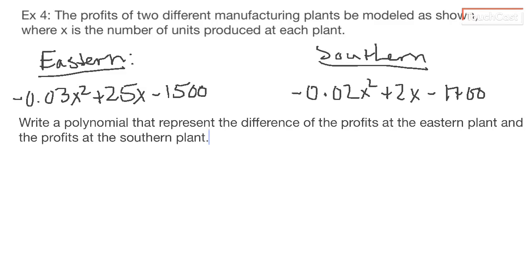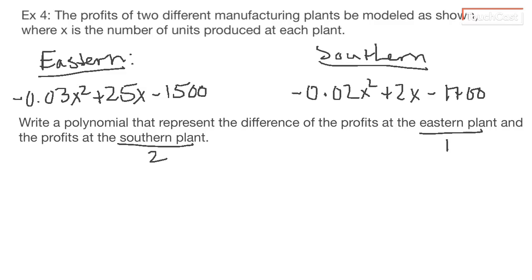So what we need to know first is difference. Difference means we're going to subtract. Now when they say difference of the profits of the eastern plant and southern plant, this means we write the eastern plant information first and the southern plant information second.